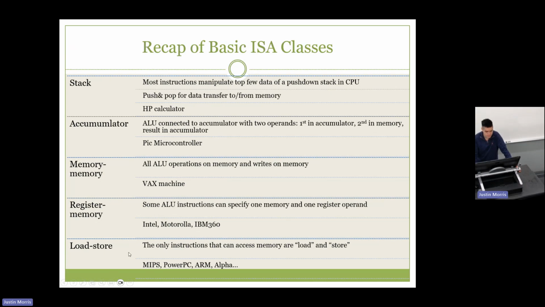And then load-store: the only instructions that can access memory are loads and stores. Any actual arithmetic or bitwise operation is going to operate on registers. So MIPS, PowerPC is the ISA from IBM, and ARM is another RISC instruction set.